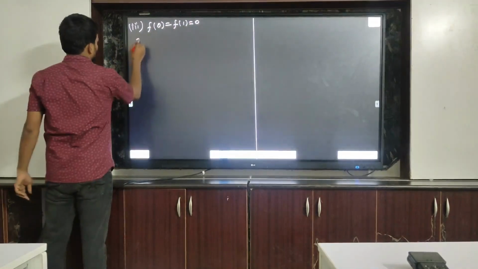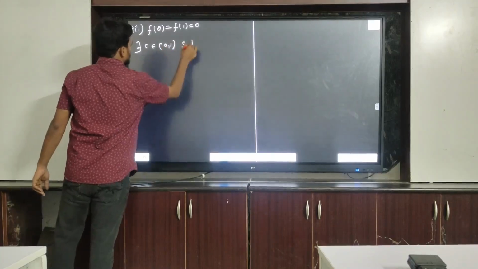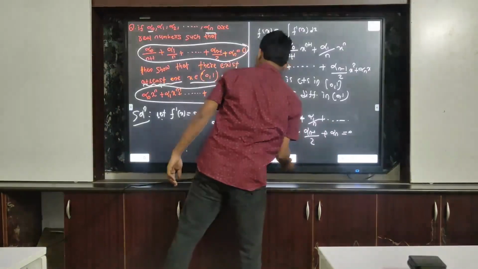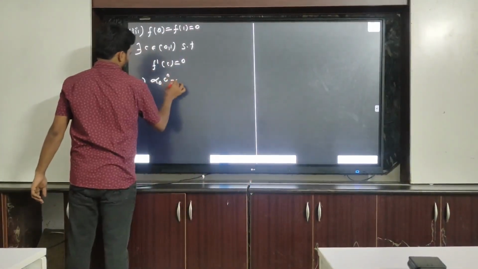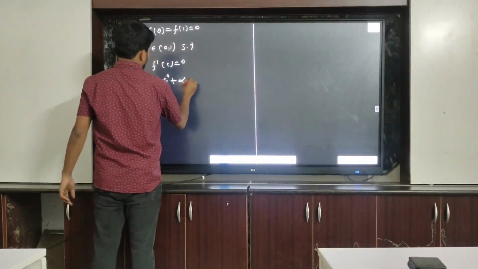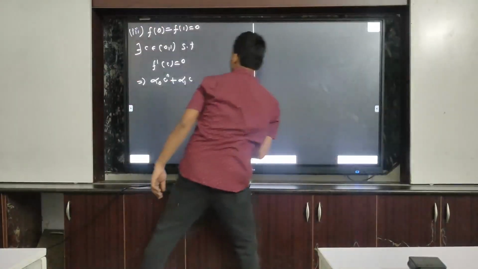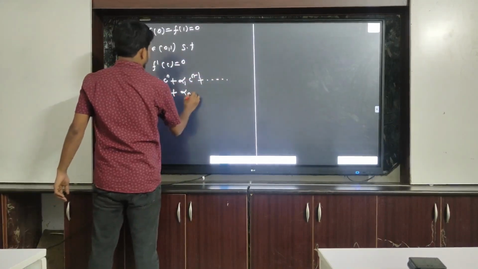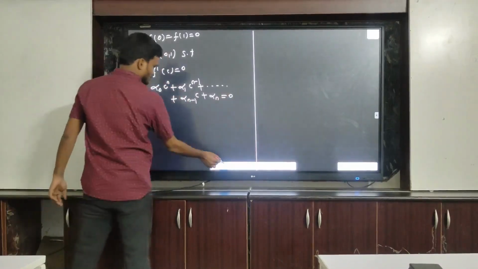Then by Rolle's theorem, there exists C belonging to 0 to 1 such that f dash C is equal to 0, which implies alpha 0 C to the power n plus alpha 1 C to the power n minus 1 and so on, is equal to 0. This is what we need to prove, right?